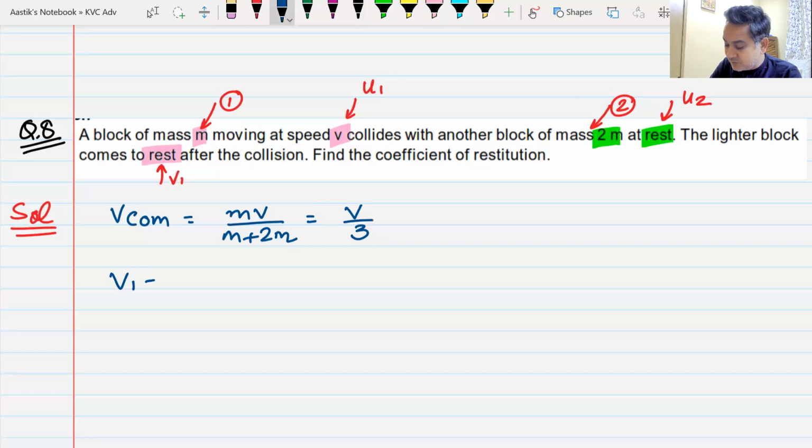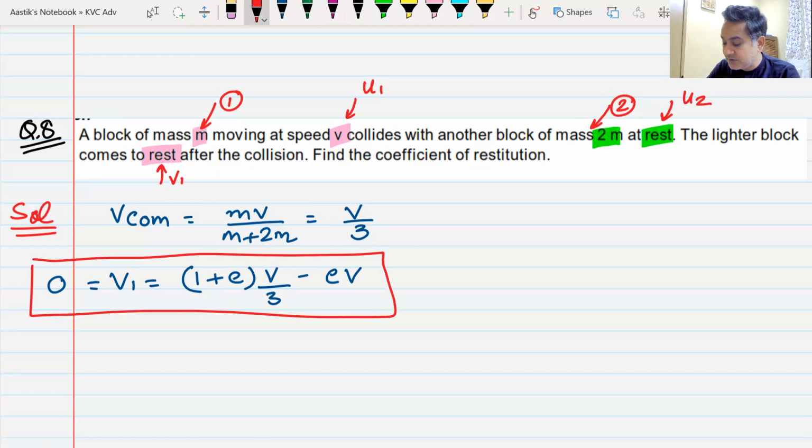Then I put the formula for v1. v1 is (1 plus e) times vcom, v by 3, minus e times u1. u1 is v, and this v1 is nothing but equal to 0. I think you can solve this simple equation and get me the value of e. And the value of e that you will get from here, my dear friends, is simply equal to half.